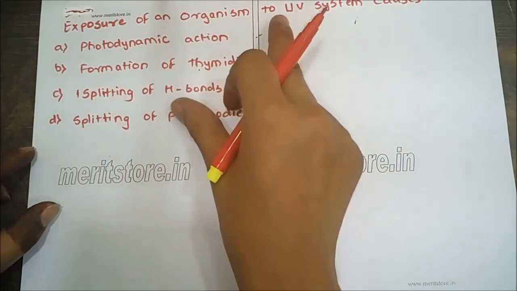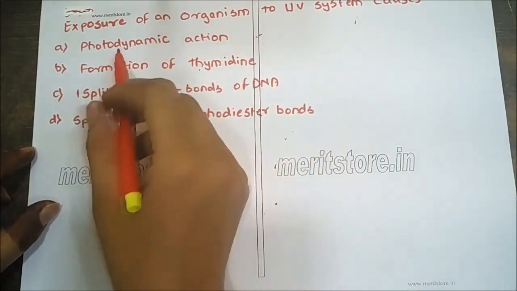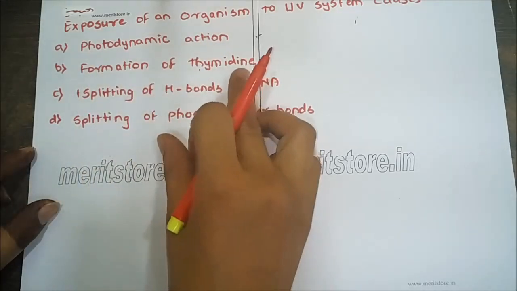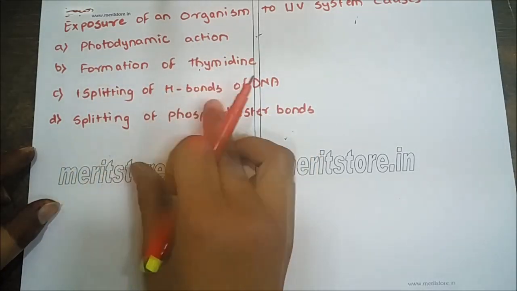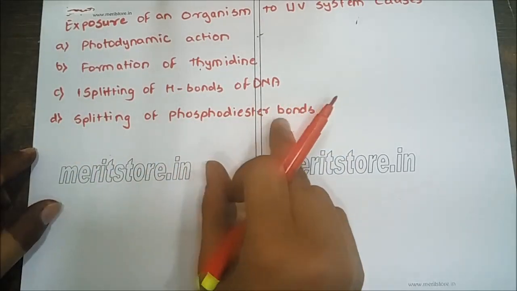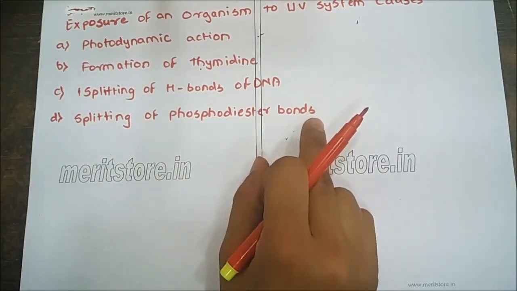Exposure of an organism to UV system causes: A. Photodynamic action, B. Formation of thymidine, C. Splitting of hydrogen bonds of DNA, and D. Splitting of phosphodiester bonds.